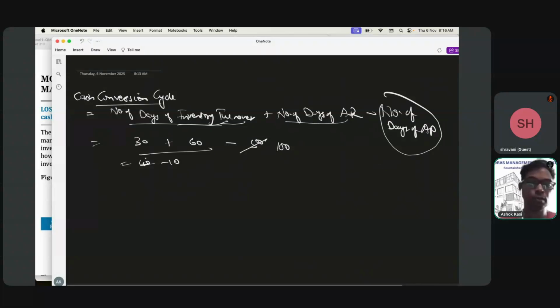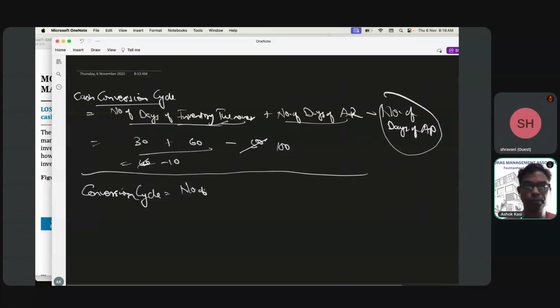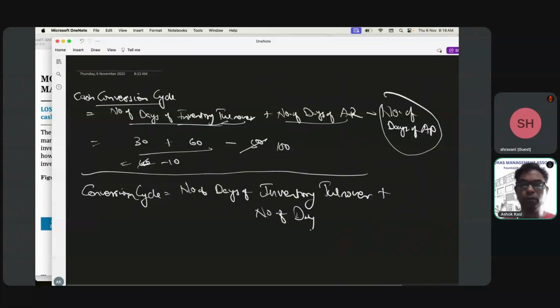Okay. Fine. Now, if I say, then what is conversion cycle? Conversion cycle is number of days of inventory turnover plus number of days of accounts receivable.